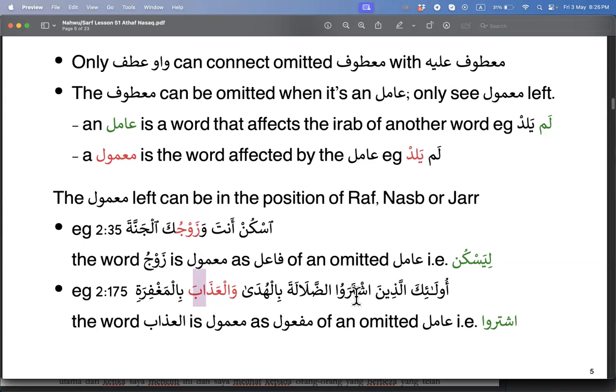I just say I bought this and that. So basically it's like that. So this one, again you will see the ma'mul, but you don't see the amil. You can say this is maktuf, but you don't say this is maktuf ala this. You say that this whole thing is maktuf to this whole thing, basically. Inshallah.